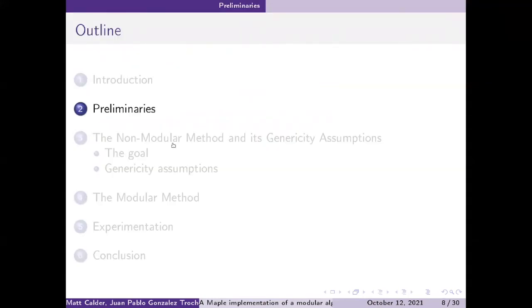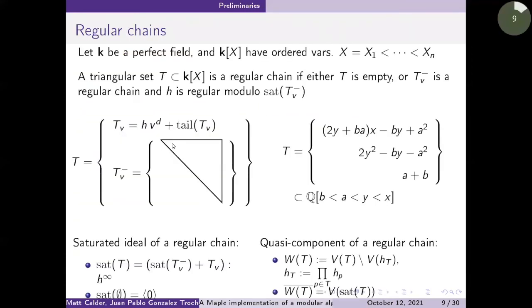The preliminaries. Let K be a perfect field, and K[x] be the ring of polynomials in the variables x1 until xn.